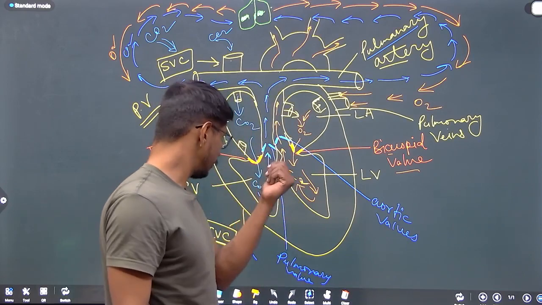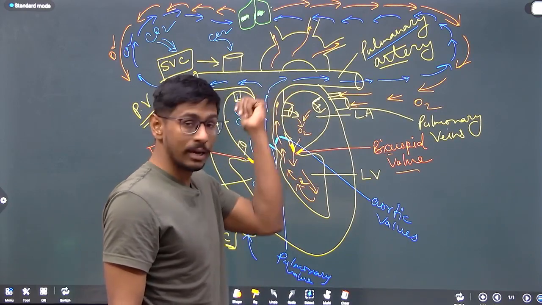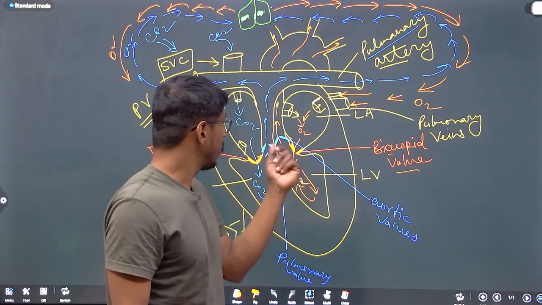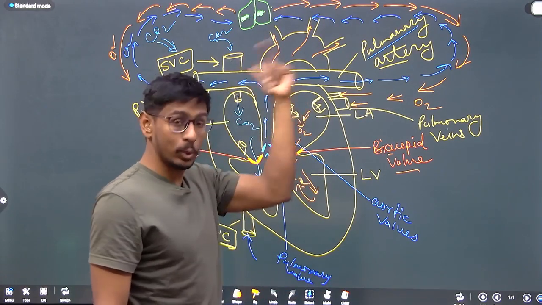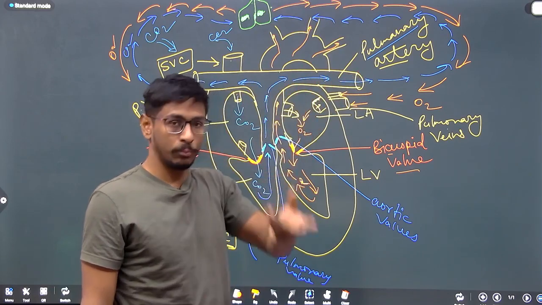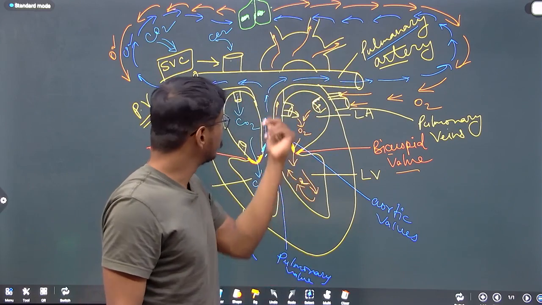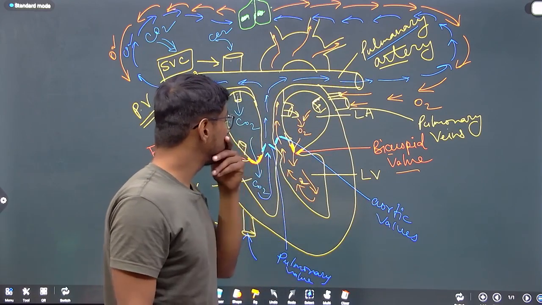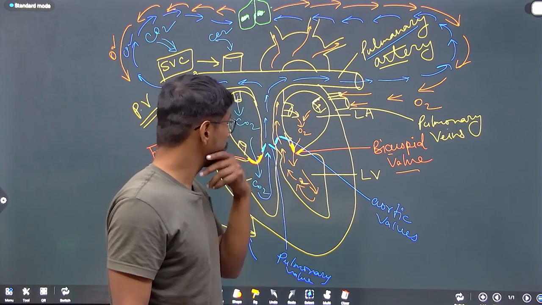Why? Because this tube, this artery, is going to the lungs, that's why we call it the pulmonary valve. And this tube is going to the aorta, which is going throughout the body, so this is called the aortic valve. So these are the two valves which we have.